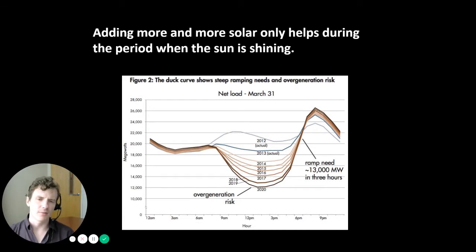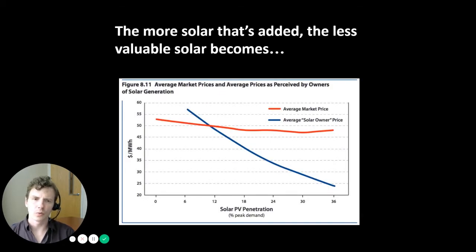And we can see that from the duck curve, right? If we look at these different colors of the lines, which represent different years, as the state of California is adding more and more solar to the grid, it's only decreasing demand during this one period of the day. And so it's only decreasing electricity prices during this one period of the day.